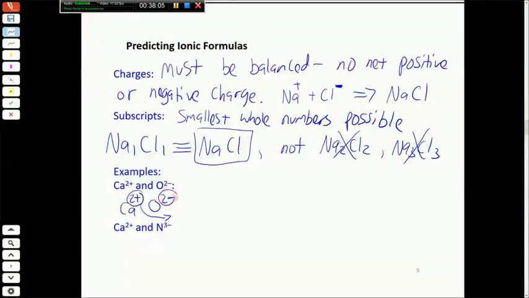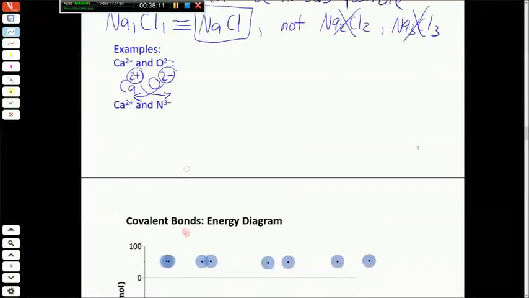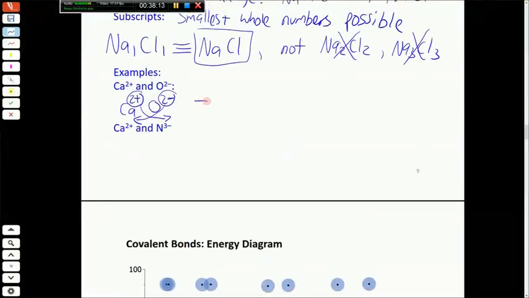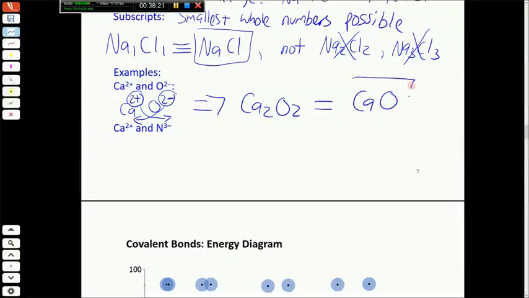We take the charge on the second ion and make it the subscript on the first. We don't keep the plus and minus signs, obviously. Subscripts are always just positive numbers. And so by doing that, we get Ca2O2, which we have to then reduce down to calcium oxide in the smallest whole number ratio, CaO, one of each. All right, so that's how we would get the formula for that.